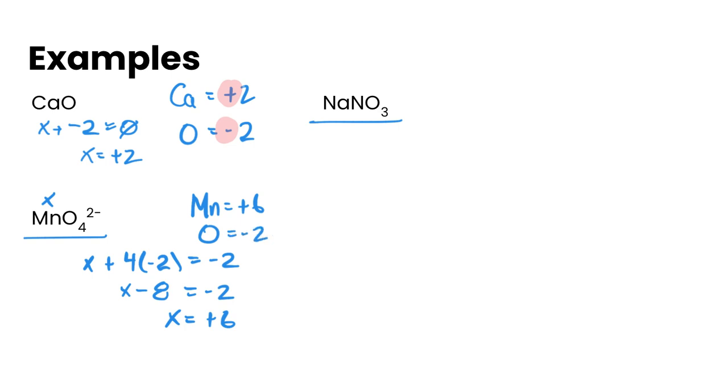Looking at NaNO3, sometimes with ionic compounds, it's better to think of the ions separately because then it's pretty easy. If we have an Na+, that means that that is a +1. And then the NO3-, the oxidation states would have to add up to -1 here. So not sure what nitrogen is, but the oxygens, we have 3 of them and they're always -2.